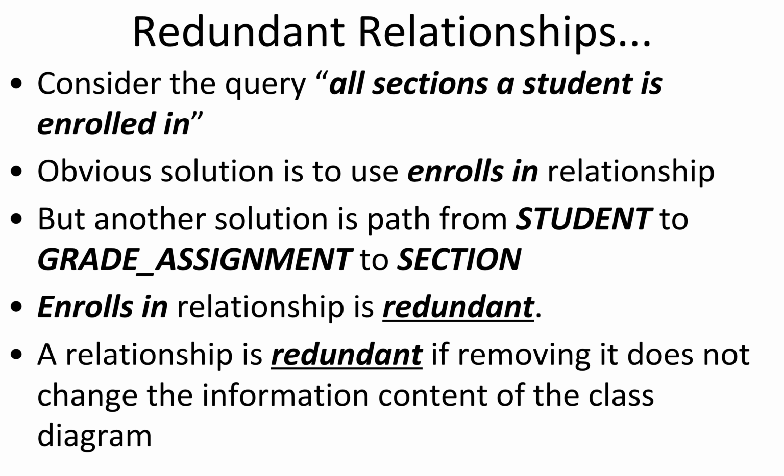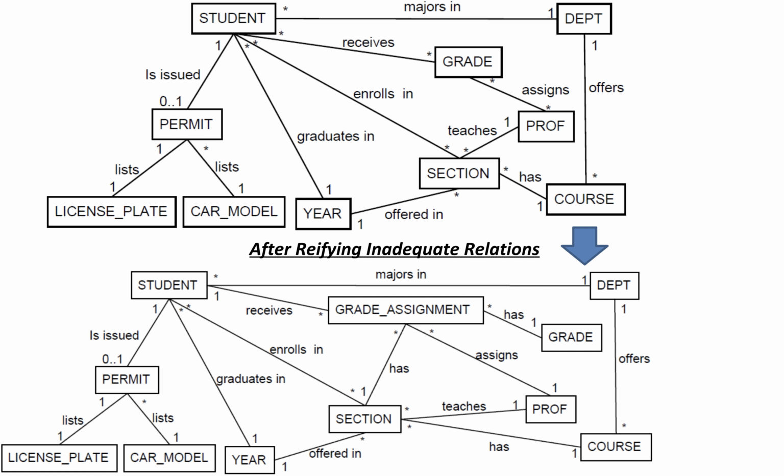So for instance, the question on retrieving all the sections a student is enrolled in could be answered multiple ways. There is the enrolls-in relationship that we have here, this enrollment relationship between the student and the section.